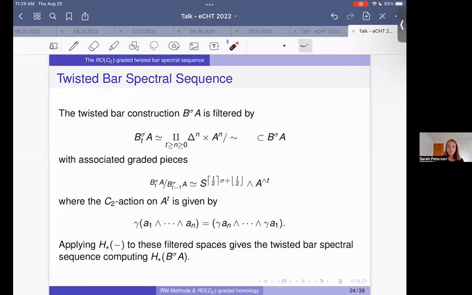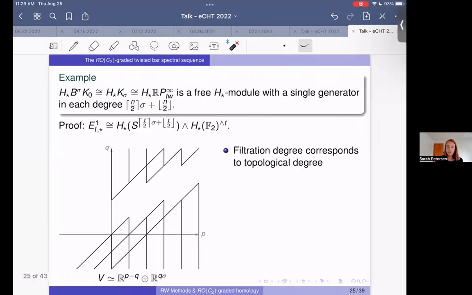And this leads to associated graded pieces that are now a little bit more complicated. These are now representation spheres smashed with T copies of A that have an action on them. But on applying homology to these filtered spaces, we do get a bar spectral sequence computing the homology of B_sigma A. And in some cases, this turns out to be fairly computable.